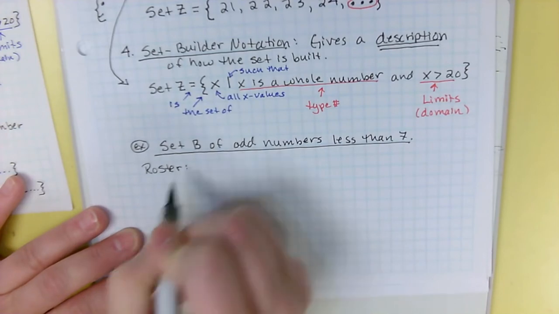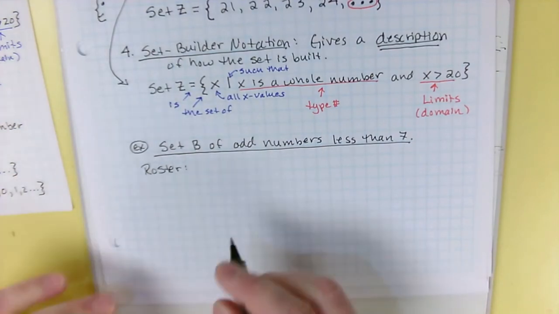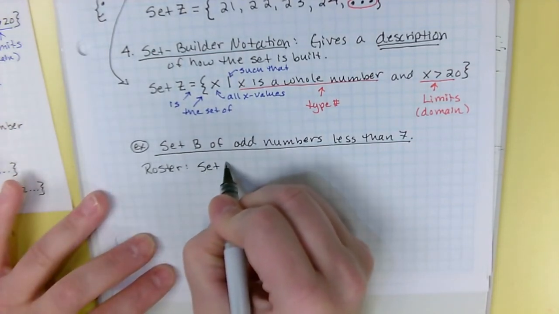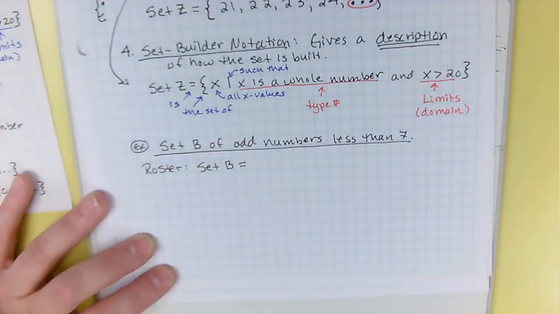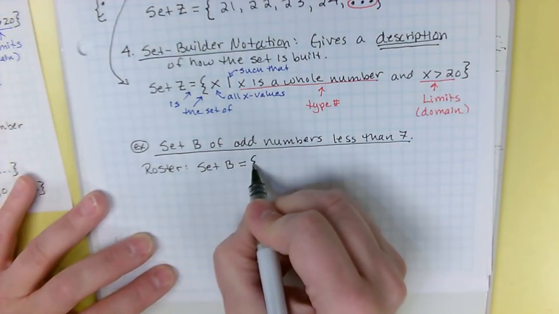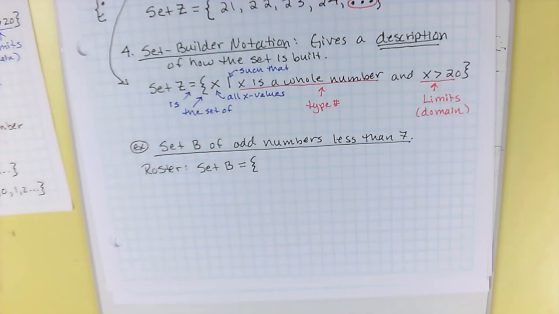All right, in roster notation, you start out with set capital B equals, and then a brace. And it didn't say positive odd numbers, it just said odd numbers less than 7. So we're actually passing into the odds the negative odd numbers as well.